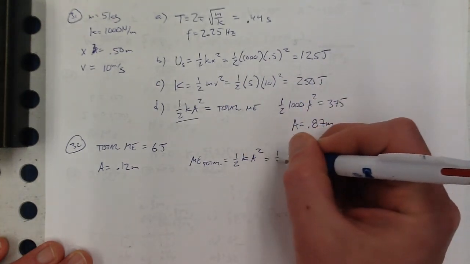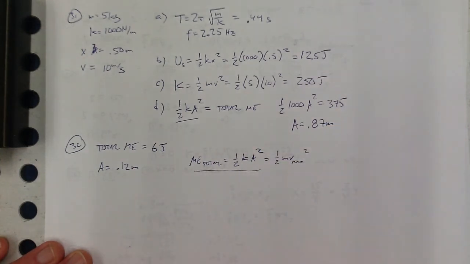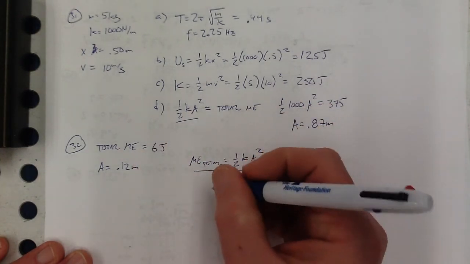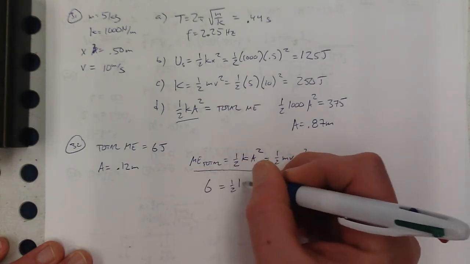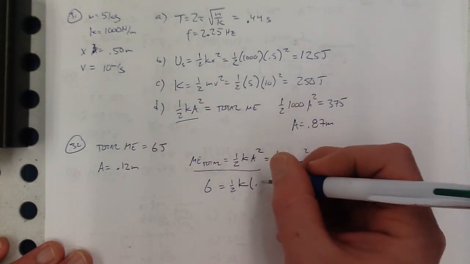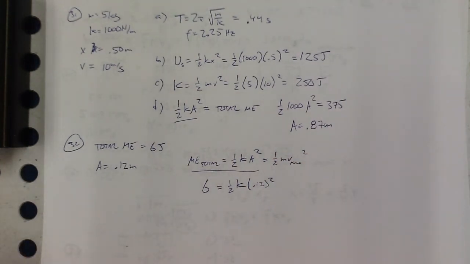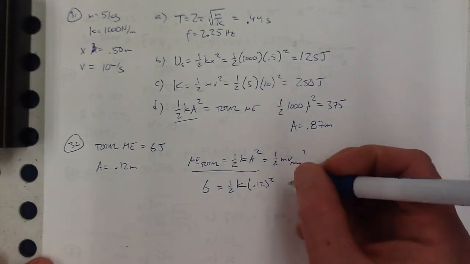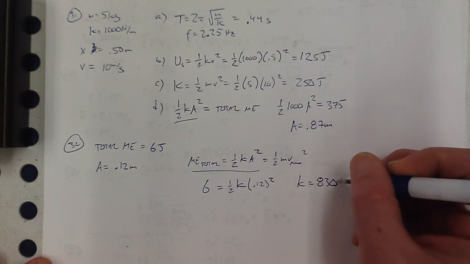It's also equal to 1/2 m v max squared, but I think this is the relationship that we need, because I know from the graph that total is 6, 1/2 k, and I've got the amplitude, so that's it. So whatever 12 divided by 0.12 squared is, that's it.